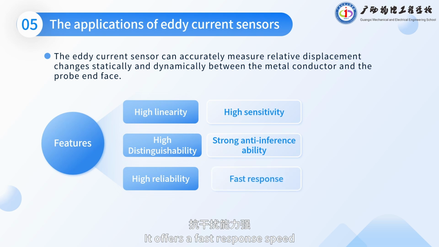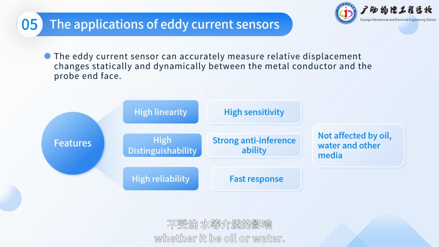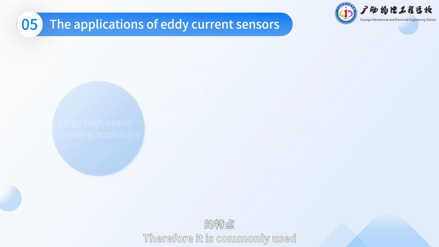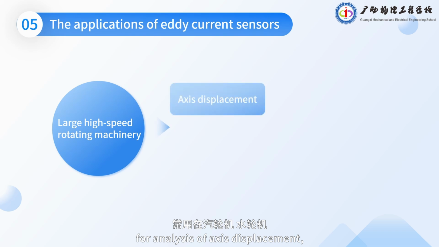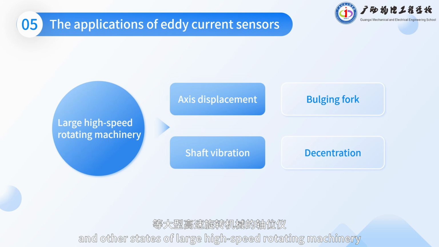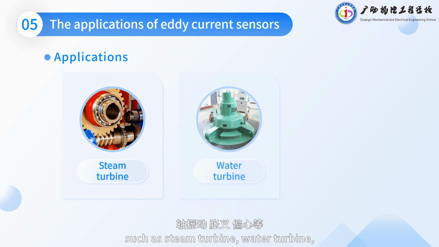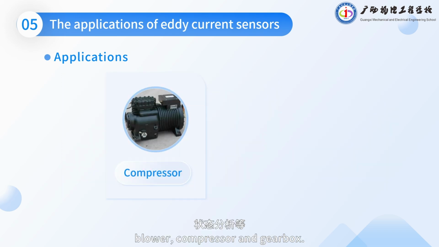It offers a fast response speed and its performance is not affected by the media, whether it be oil or water. Therefore, it is commonly used for analysis of axis displacement, shaft vibration, and other states of large high-speed rotating machinery such as steam turbine, water turbine, blower, compressor, and gearbox.